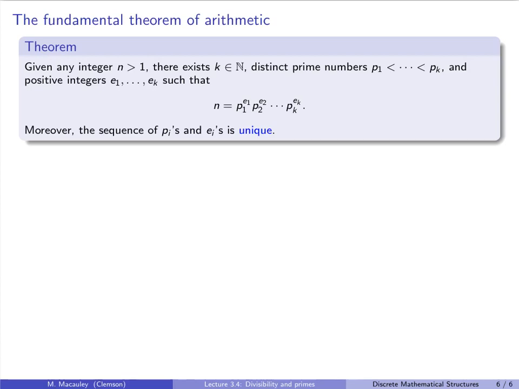This result says, given any integer n bigger than 1, there exists some number k, distinct prime numbers p1 up to pk in increasing order, and positive integers, these are exponents, e1 up to ek, such that n equals p1 to the e1 times p2 to the e2 times all the way up to pk to the ek. Moreover, the sequence of pi's and ei's is unique.